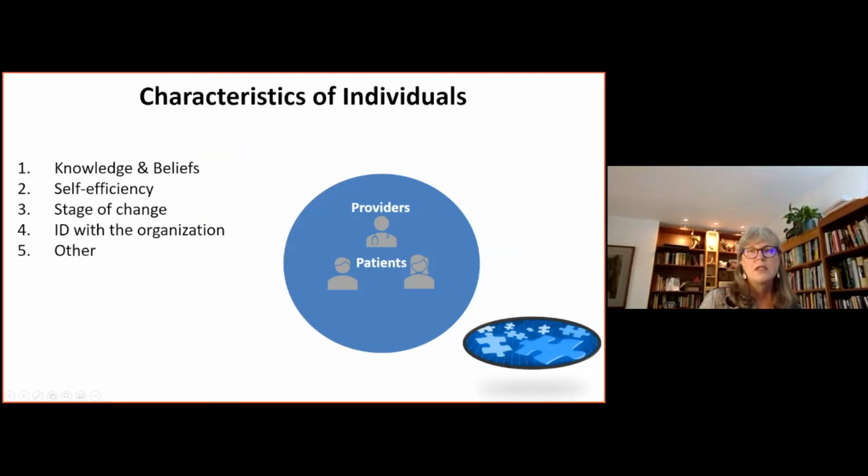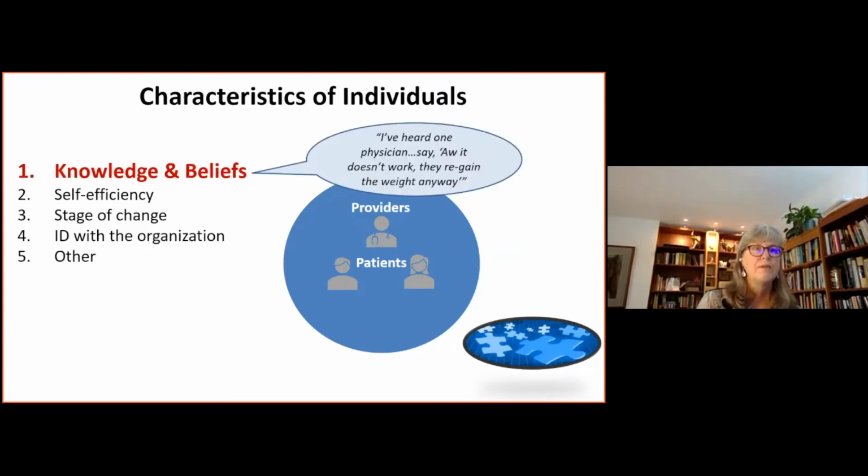So characteristics of individuals is another domain. We know that the perceptions of providers and patients about the innovation can really affect their use of that innovation, and therefore our level of success for implementation. One of the constructs, which is kind of a broad construct around knowledge and beliefs, here is one physician who said, "It doesn't work, they regain the weight anyway."